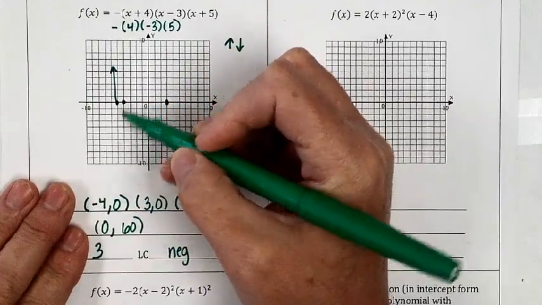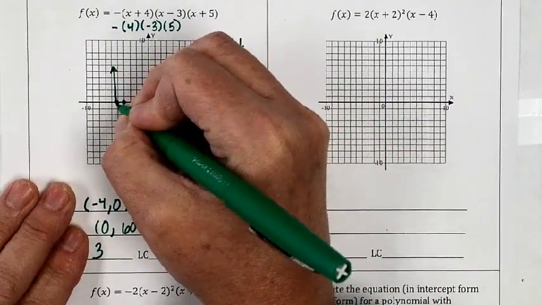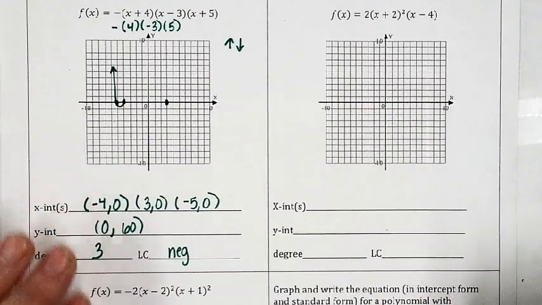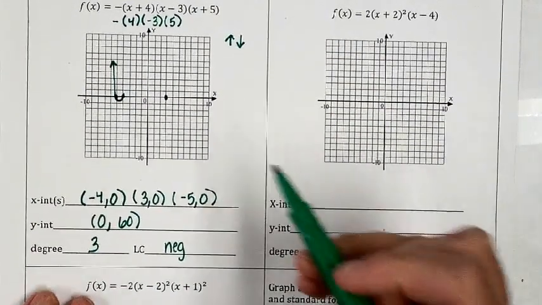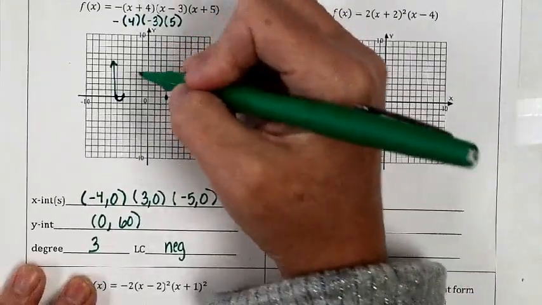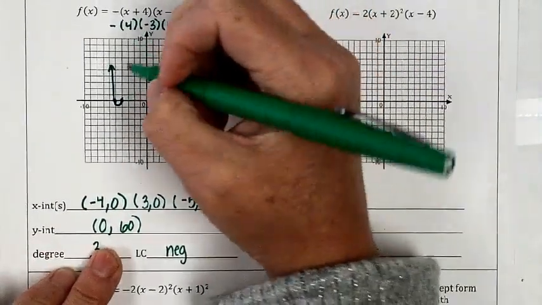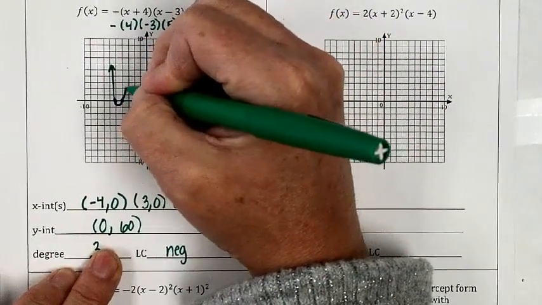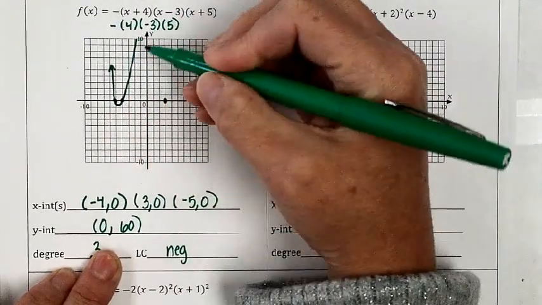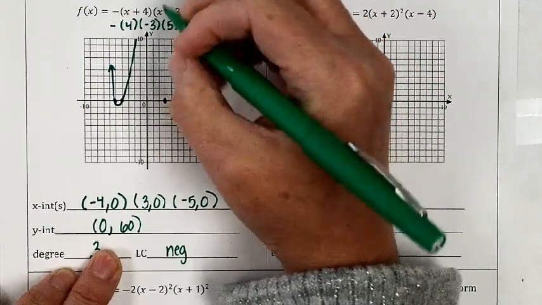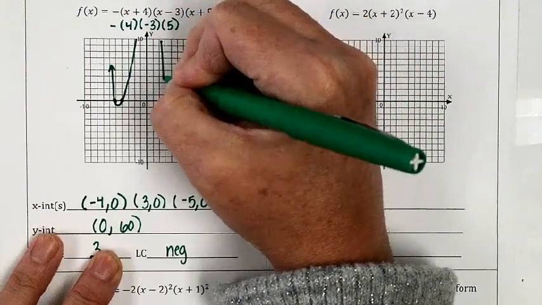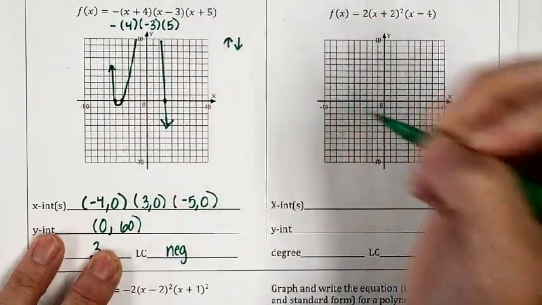In order to get back up here, I need to make a turn. There, so that's 1 turn. I need 1 more turn to end up going back down here. Well, my y-intercept is at 0, 60, so it's going to go up, up, up, and then at some point, it's going to have to come back down to go through that point.